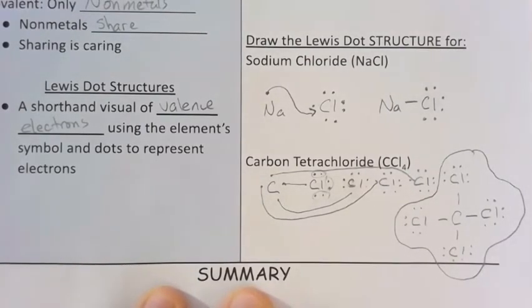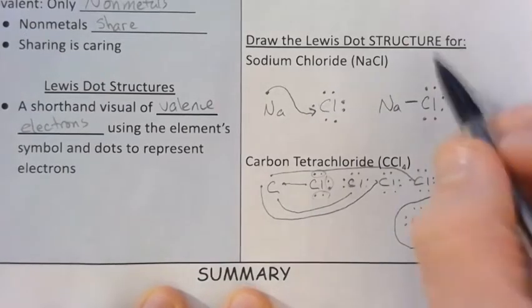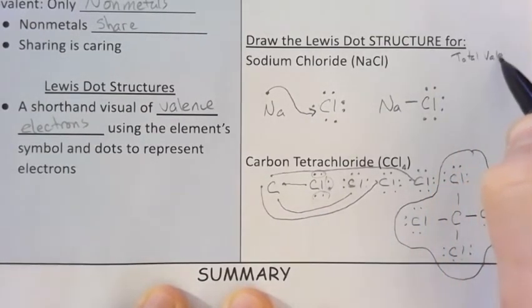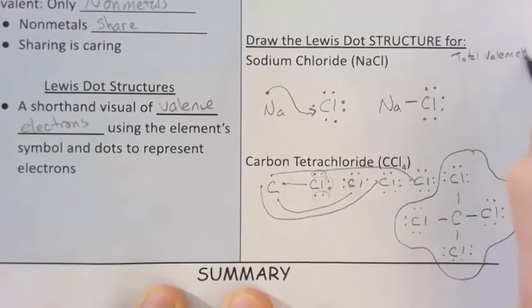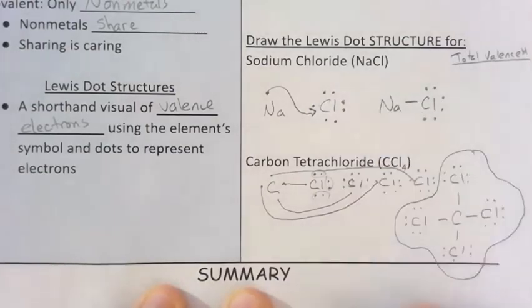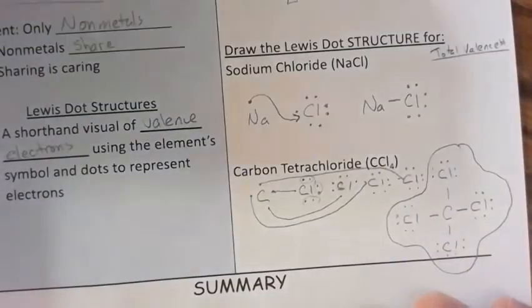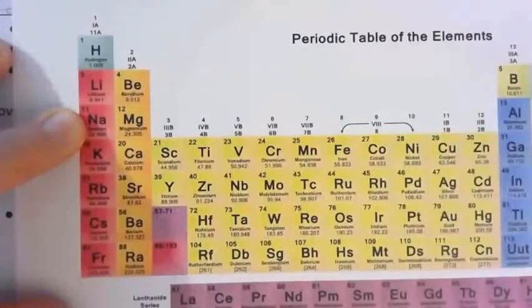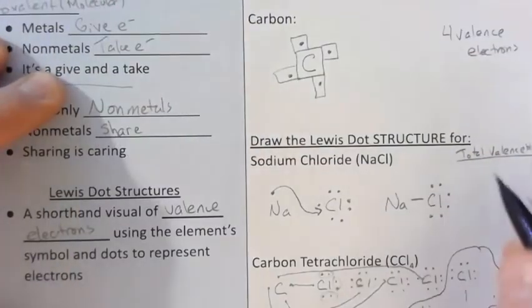Okay? So there's a couple of things that we want to take into account when we draw out our final answer. One of them is the total valence electron number. Here we've got 1 sodium, which is in group 1, so that means it has only 1 valence electron.